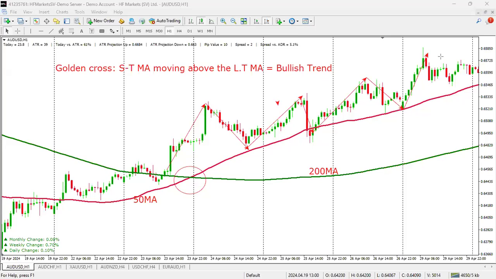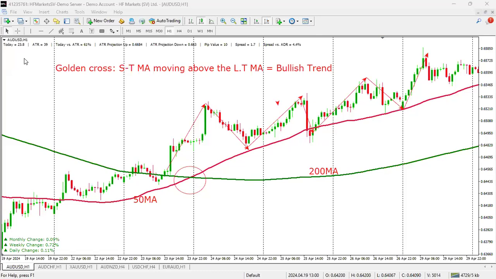If you want, you could also use that, you understand, but it's not strict that it must be 50 crossing 200. You could use whichever one you want, all right? But when the short-term moving average crosses above the long-term moving average, it is a golden cross. And that is usually indicative of the beginning of a bullish trend in the market.